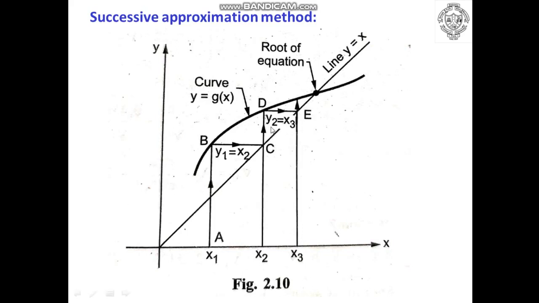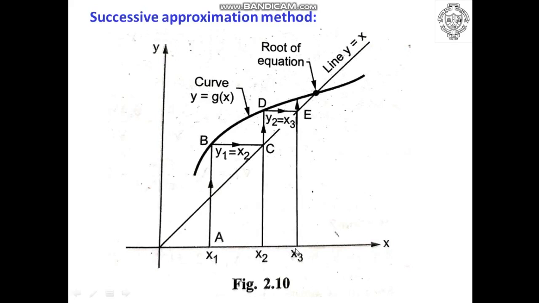So that means the value of y2 is the same as x3. So D is the same as E, which is represented by this particular line. The magnitude of these two is the same. Hence you can replace your x3 with x1, x2 with x1, and similarly you can approach towards this particular root.